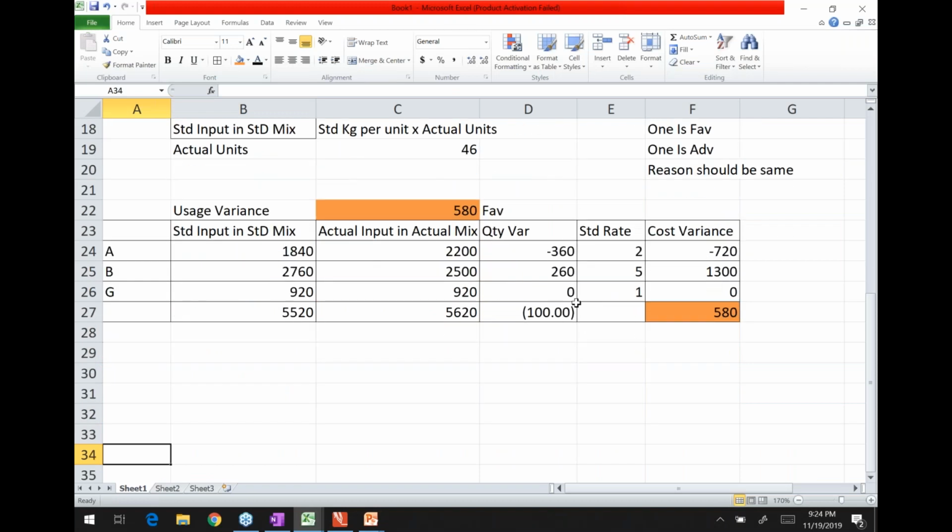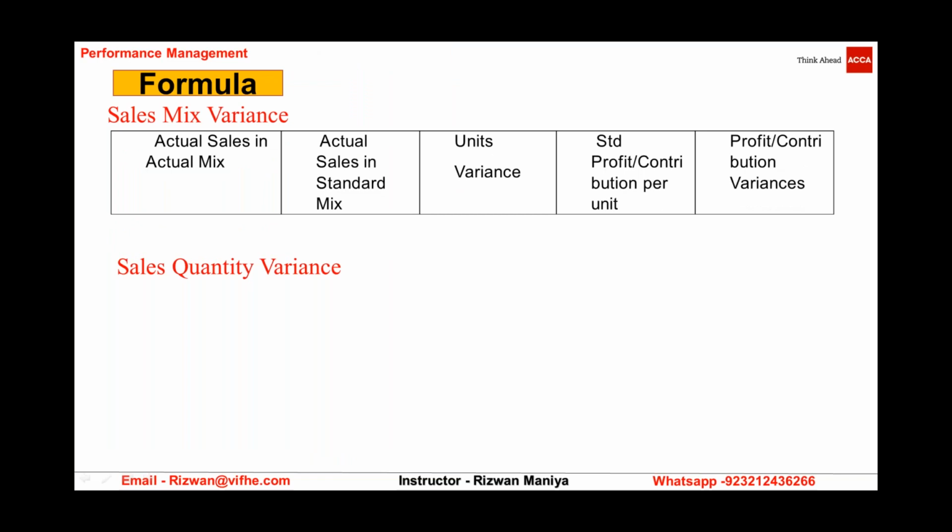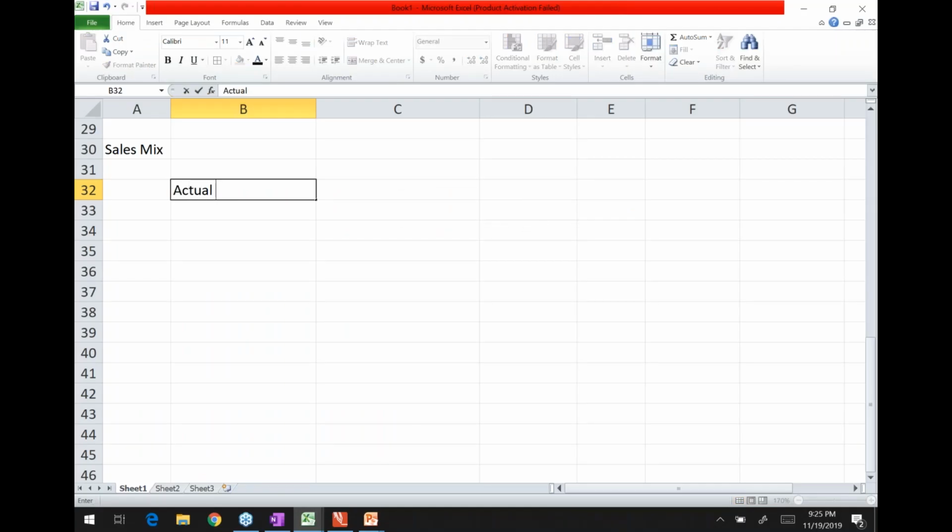Now you can see this is the question. So let's work out sales mix variance first, and for that I will be using the formula. It says actual sales in actual mix, actual sales in standard mix, unit variance, standard profit or contribution, and profit variance. I will follow this sequence, starting first with actual sales in actual mix.